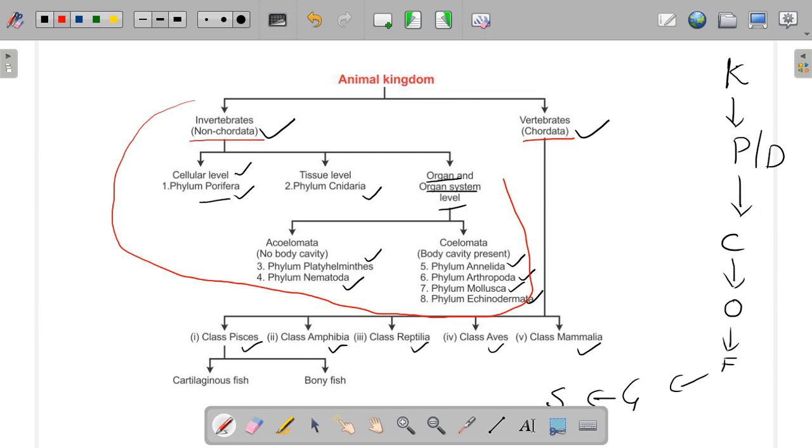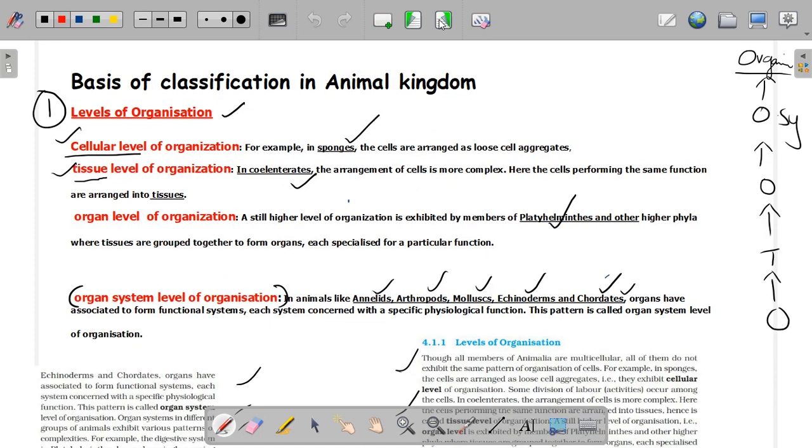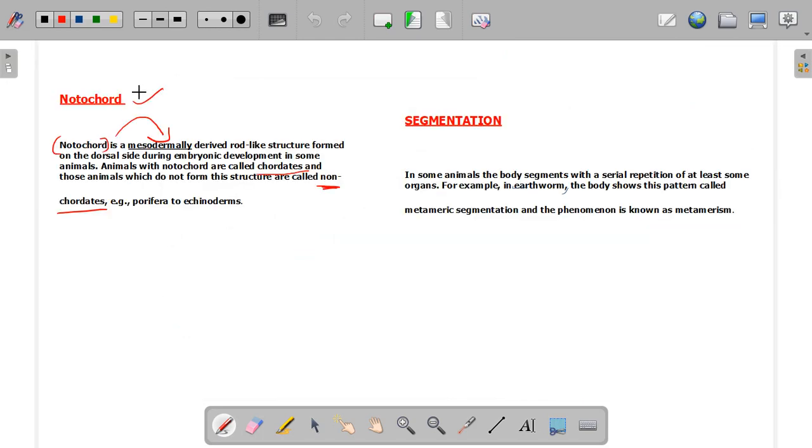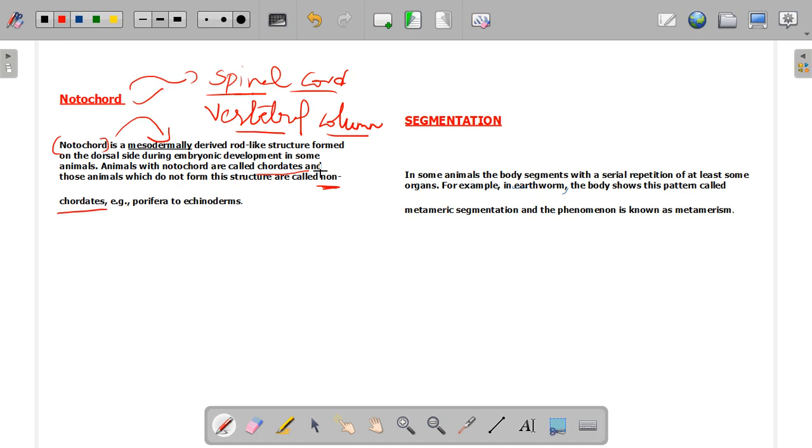Similarly, if the body contains a notochord, then they come under a category called chordates, and it is covered by the vertebral column. Having a cord means it can become the spinal cord. The notochord can become the spinal cord, and the spinal cord is protected by the vertebral column. You already know that the common name of the vertebral column is backbone. It runs all the way from your neck to the hip region. Any organisms having a vertebral column, we call vertebrates.